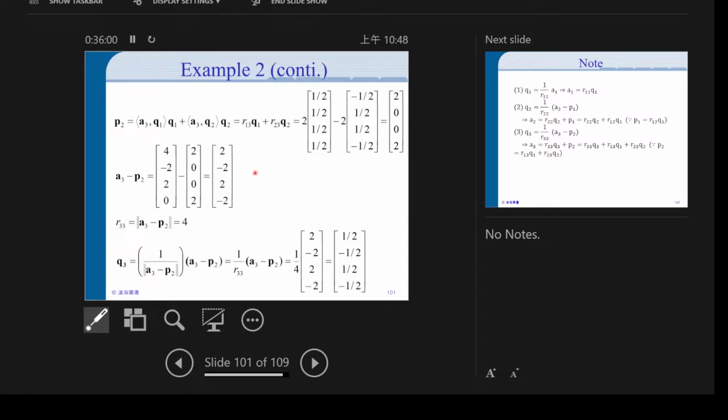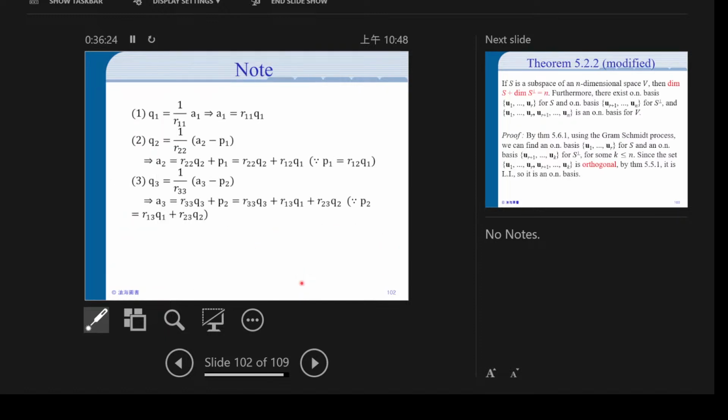So you see it's 2 times (1, -1, 1, -1), and then you normalize it. It will be once again 1/2 times (1, -1, 1, -1). Those are all our vectors here.